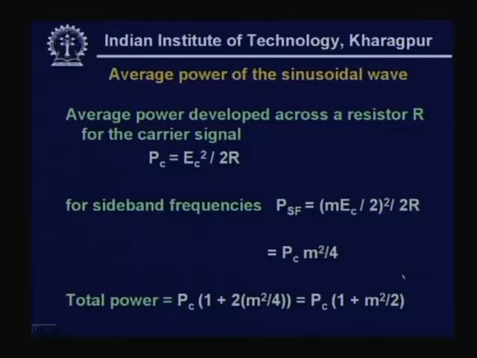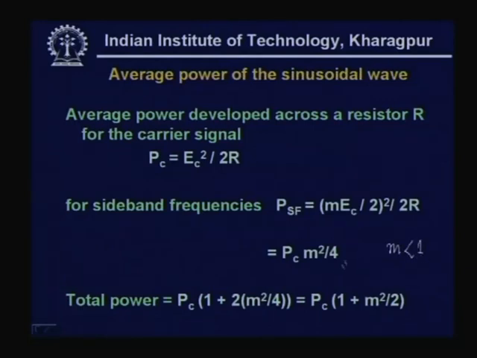Now, one very interesting observation from this is that maximum power is required for transmission of the carrier. We have seen in the previous diagram, it is Ec square by 2R, and depending on the modulation index, the sideband power, as you know, usually m is less than or equal to 1.